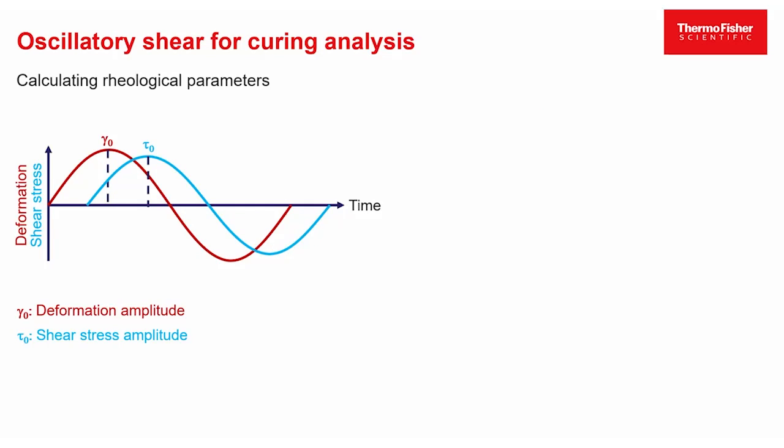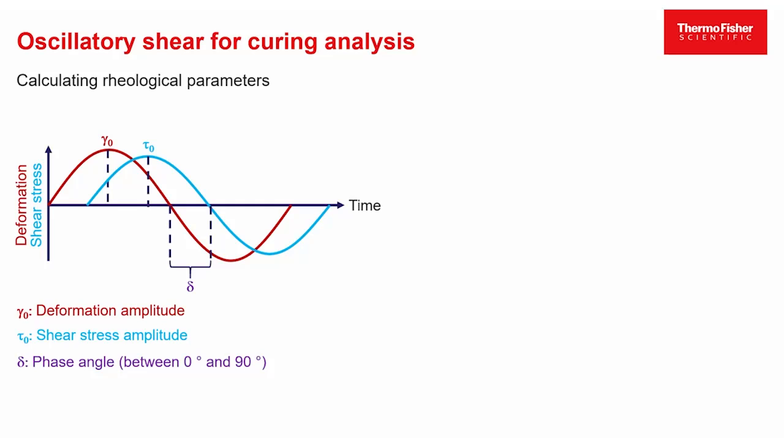If we plot the applied deformation of a sample between the upper and the lower measuring geometry in a rheometer as a function of time, we will see that both the deformation as well as the shear stress, or the applied torque force that you actually apply on the sample, will be showing a sinusoidal shape. In between both of them, there is a phase shift.